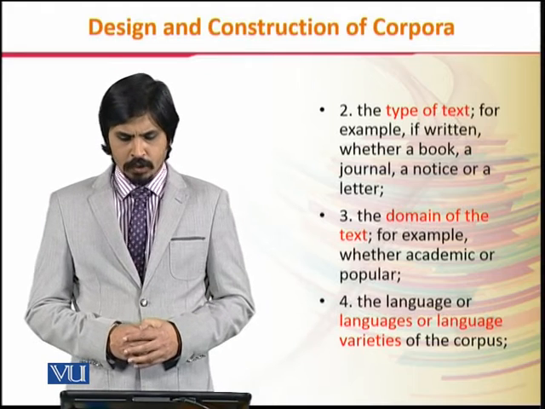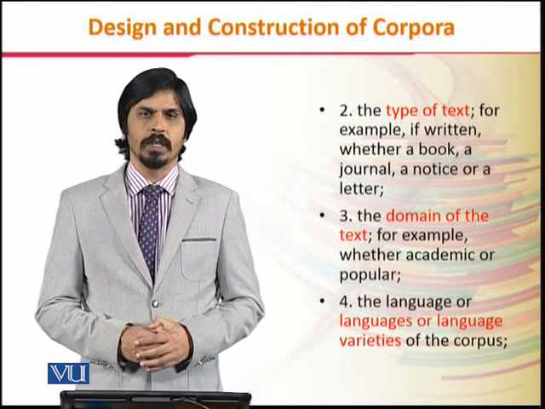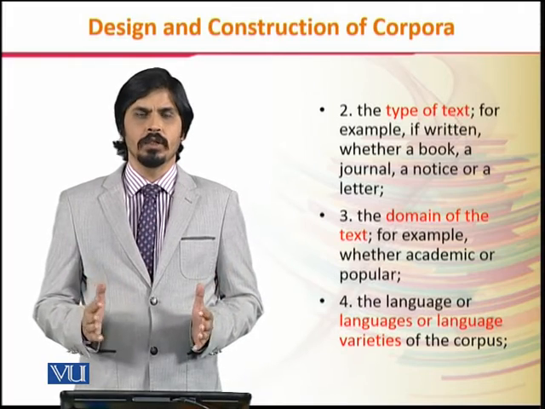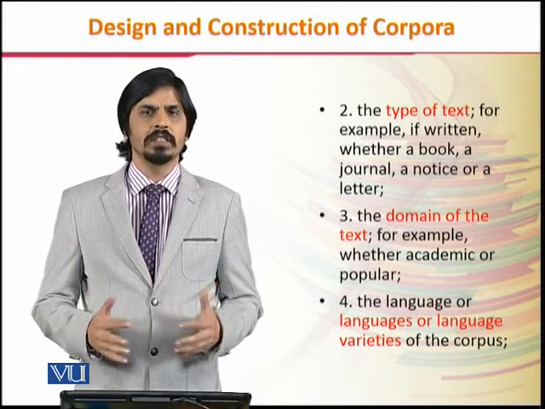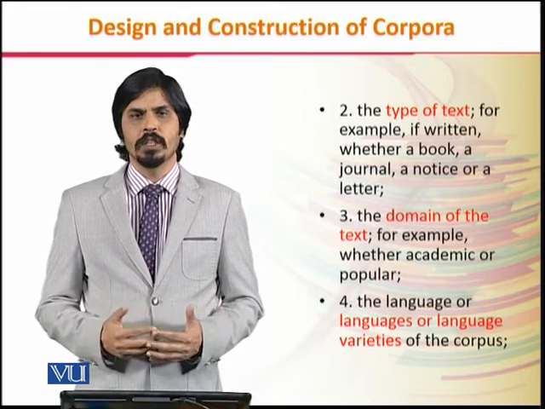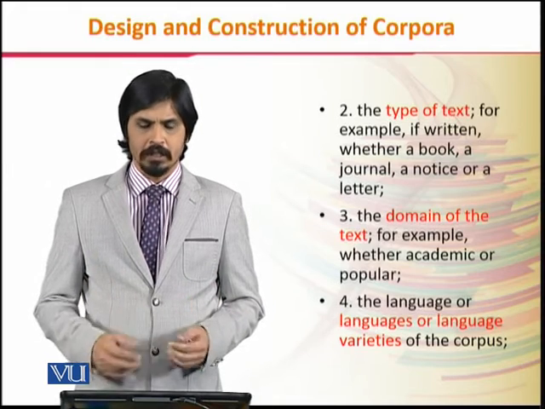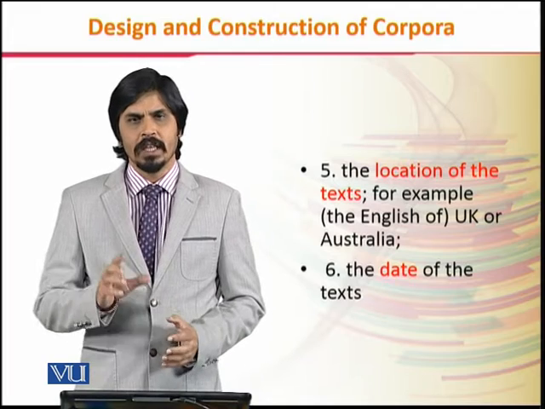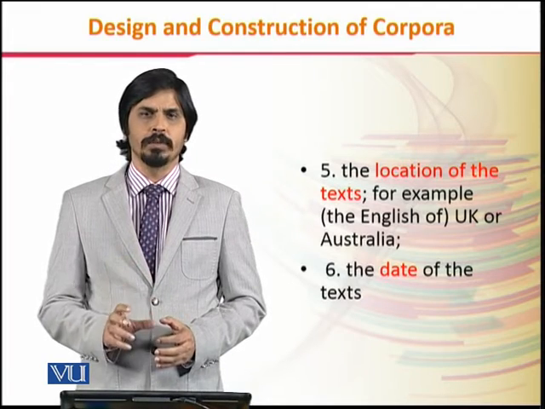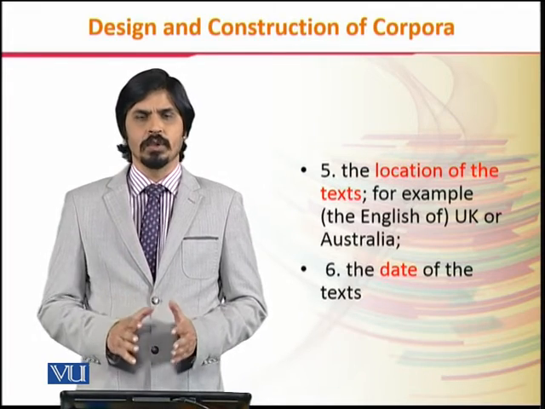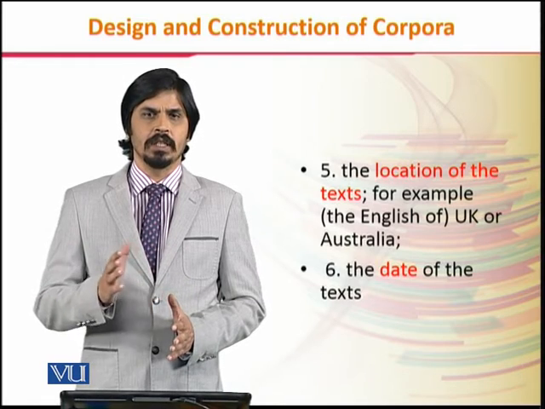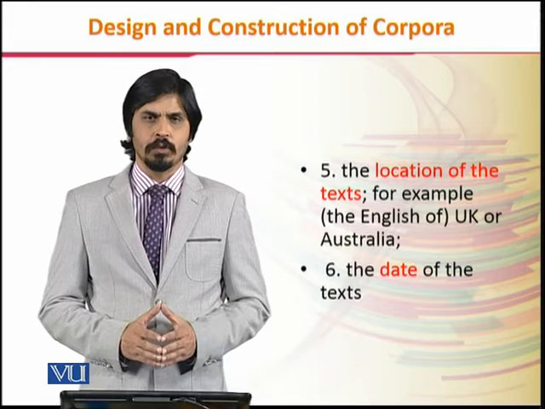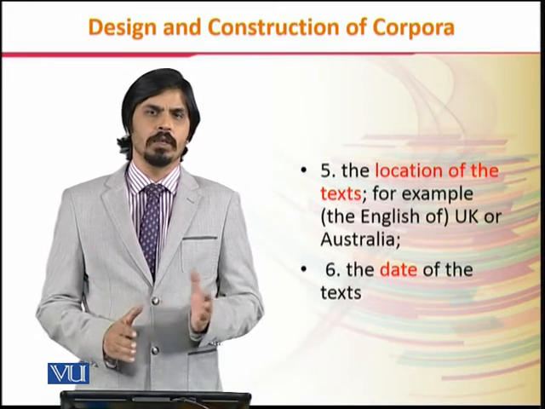Then the language or language varieties of the corpus should also be kept in mind. As I said earlier, it includes native variety, local variety, or even within local or native varieties, any further sub-variety. So the variety should be very clearly defined to the reader. Then the location of the text, where the variety or language being used belongs. For example, in the case of English, if there is a corpus of native speakers, whether those speakers belong to the UK or USA.